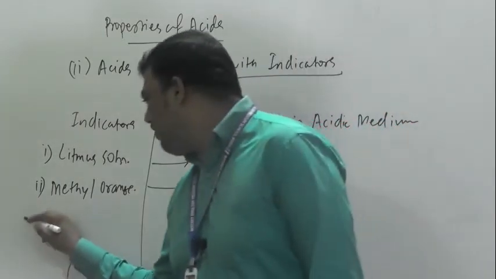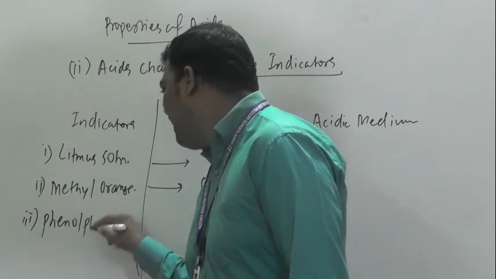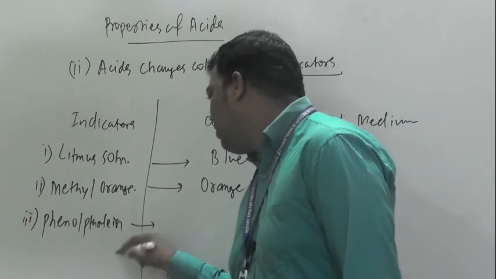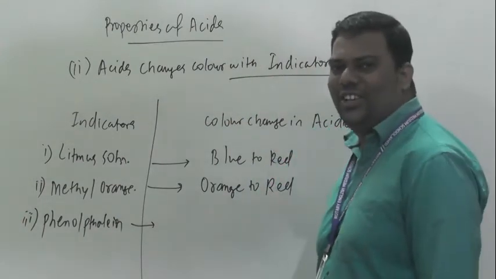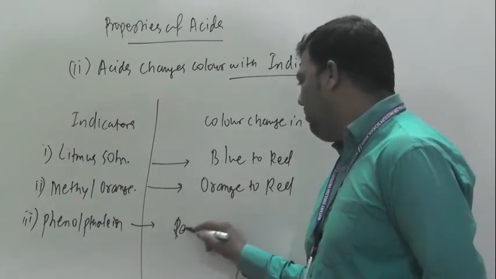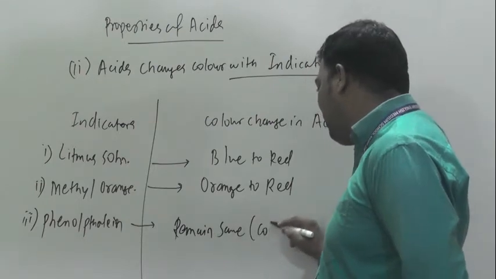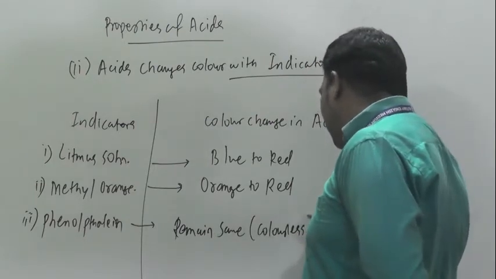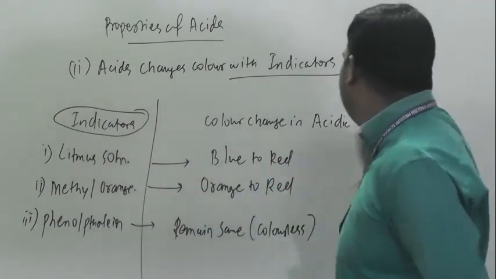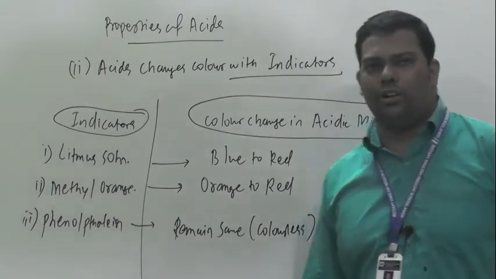The third one is phenolphthalein. In phenolphthalein, the color remains the same, unchanged, colorless in acidic medium.